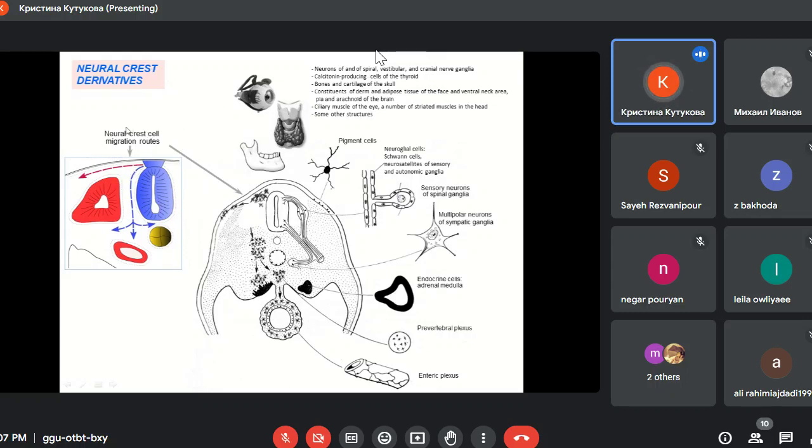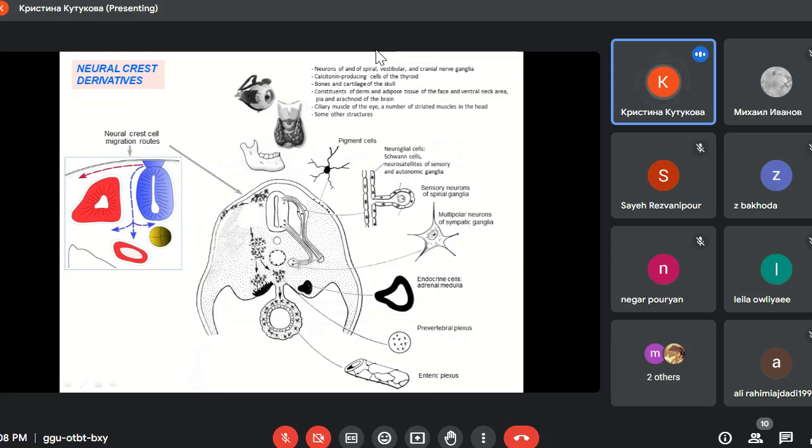And the cells of neural crest develop into a lot of different types of cells and tissues, which are listed here in this slide, and this will be also the task in your album, where you should name the derivatives of neural crest. So you should take them from this slide. So neural crest will develop into neurons and nerves of ganglia.